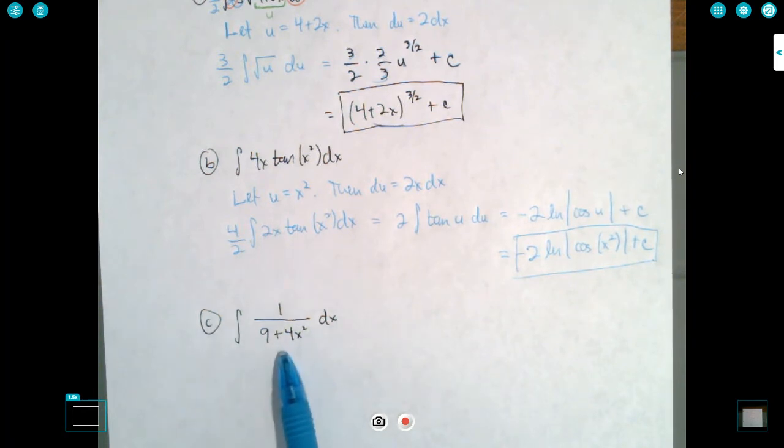First of all, you should probably recognize right off the bat that this is going to be a tangent inverse type of situation. But in order to get it to fit the bill, you have to have a variable squared, and here we have a constant times a variable squared.